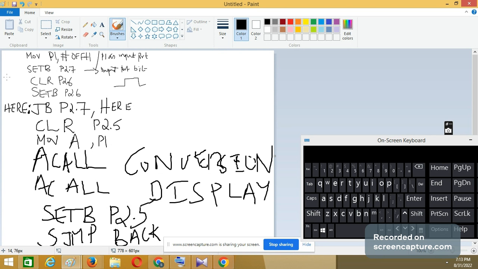So that back is going to here. Why is it going to here? After one conversion is over and read and displayed, you have to give information for the next conversion. Again, you have to convert the next value. So the next value conversion starts from here by issuing a start of conversion signal through P2.6, or WR bar. So this is the program. Clear?